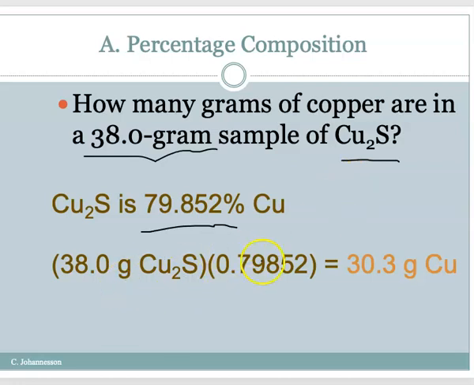So I just take the percentage, convert it to its decimal form to do math with, take my 38 grams of copper 1 sulfide times the percentage, and I can see that I could get 30.3 grams of copper from that sample of copper 1 sulfide.